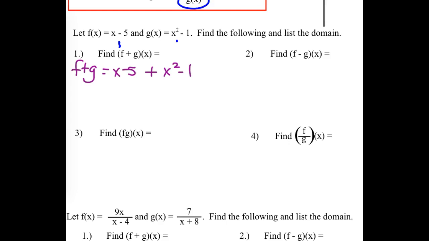If there's like terms, put them together. So in this case, I would put my x squared first, then I have a positive x, and I can combine the minus 5 and the minus 1 as a minus 6. Okay? Any square roots or denominators that I've created? All right, so my domain here would be everything.